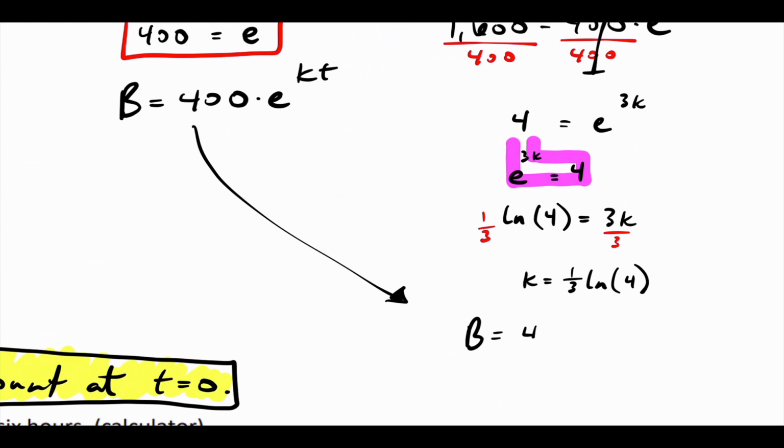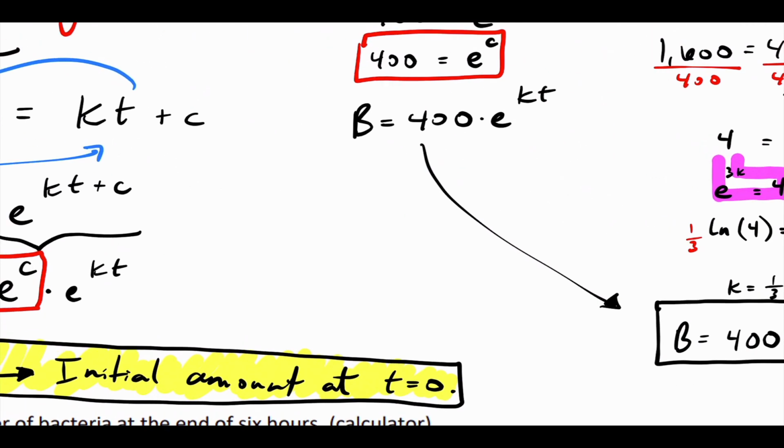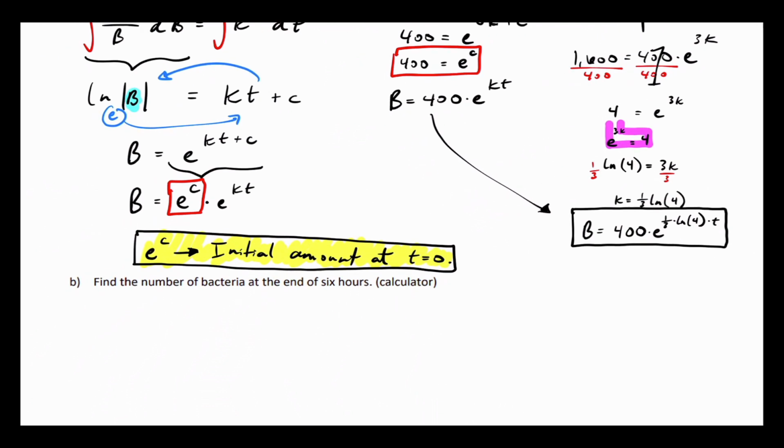B equals 400 times e to the K, which is now 1/3 times the natural log of 4, times T. That's my particular solution. K is solved for. C is solved for. That's the one that we're going to use to solve these questions.